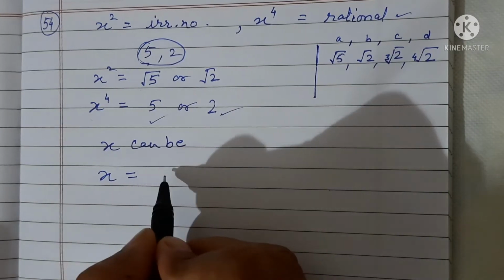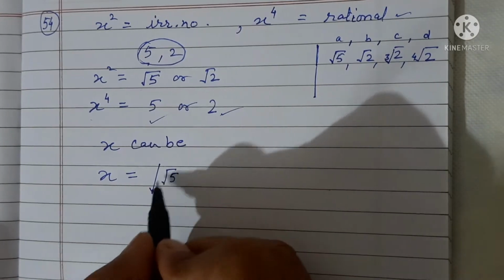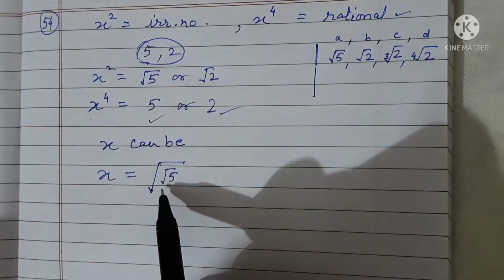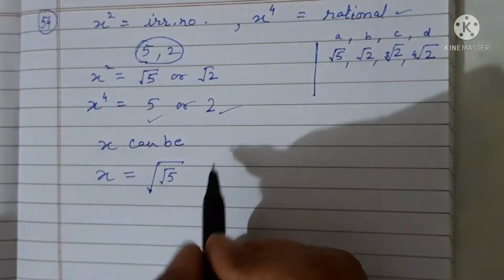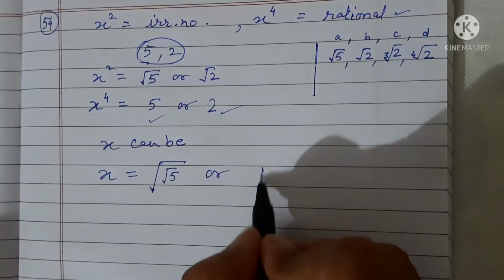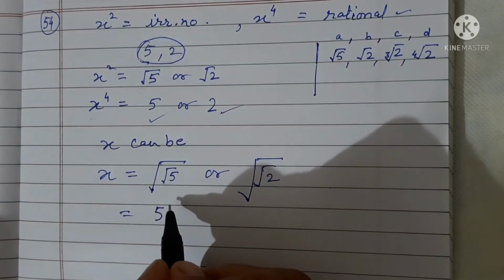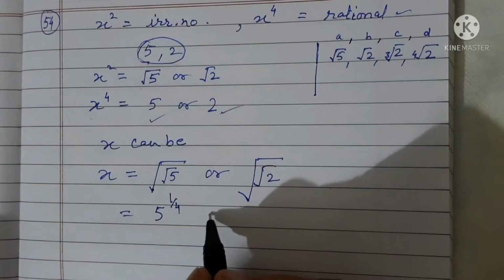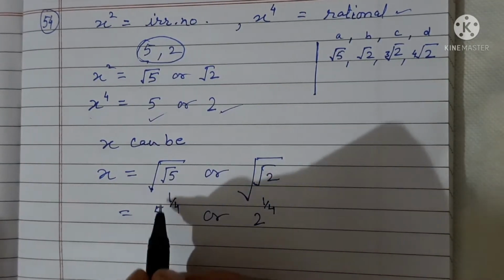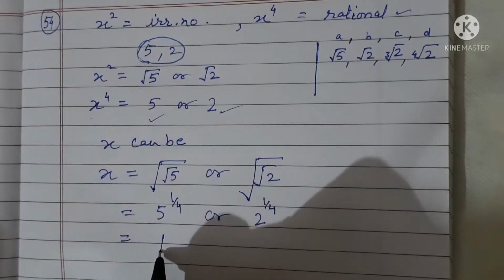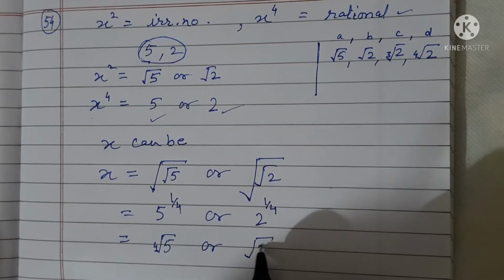X is equal to root of root 5, and this becomes root of root 2. You can write it as 5 to the power of 1 upon 4 and 2 to the power of 1 upon 4, or you can write it as fourth root of 5, and fourth root of 2.